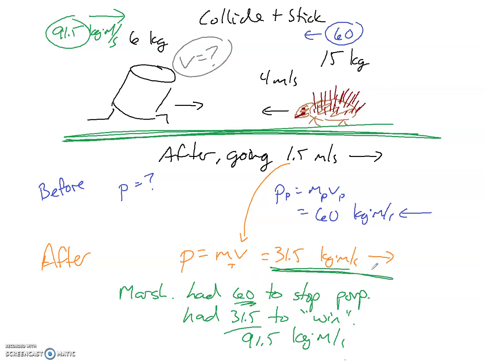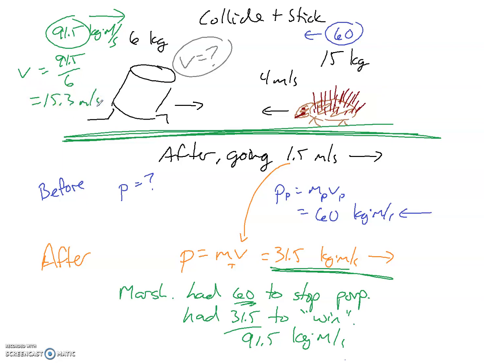So now that I have my marshmallow's initial momentum, I can find out how fast it was going. So I'll take the 91.5 and divide it by the mass of 6 kilograms. So I've got 91.5 divided by 6 kilograms, and the marshmallow was going around 15.3 meters per second.